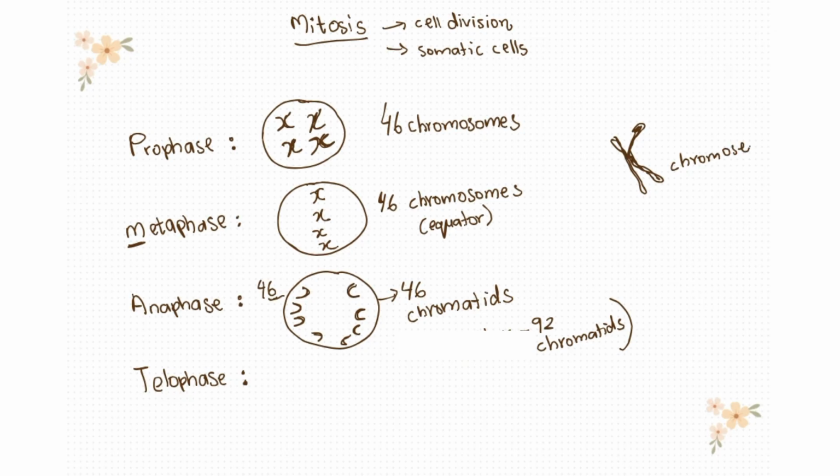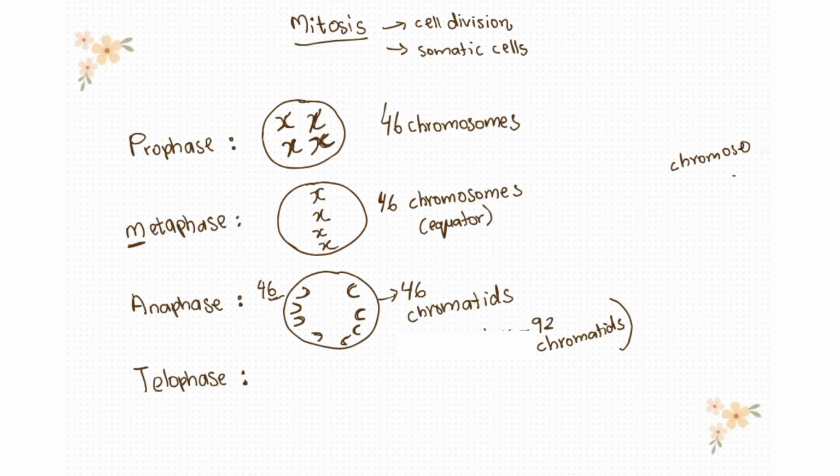So this whole thing is a chromosome, and each strand alone is the chromatid. The whole thing is the chromosome, but the two separate strands there are the chromatids.